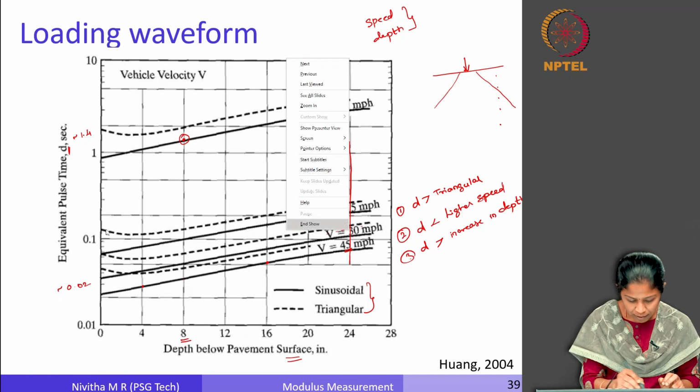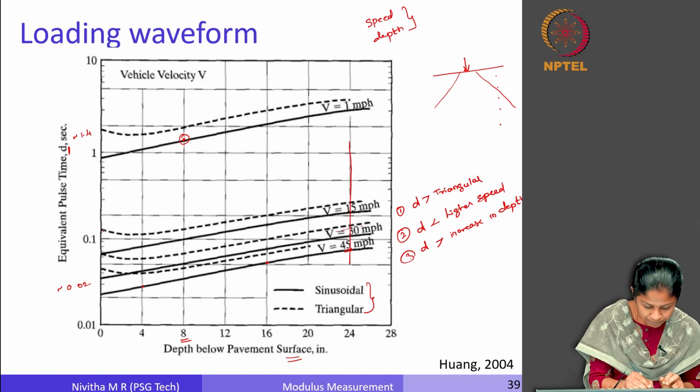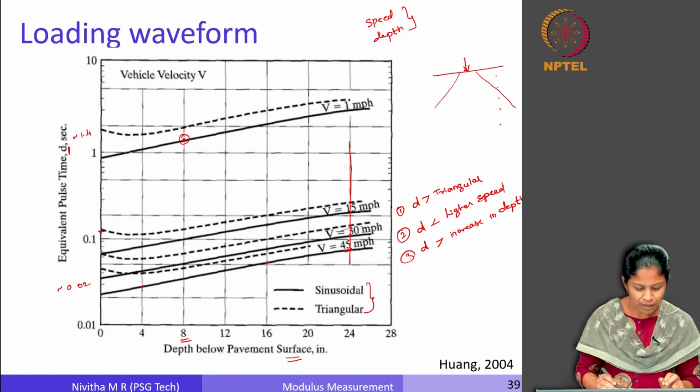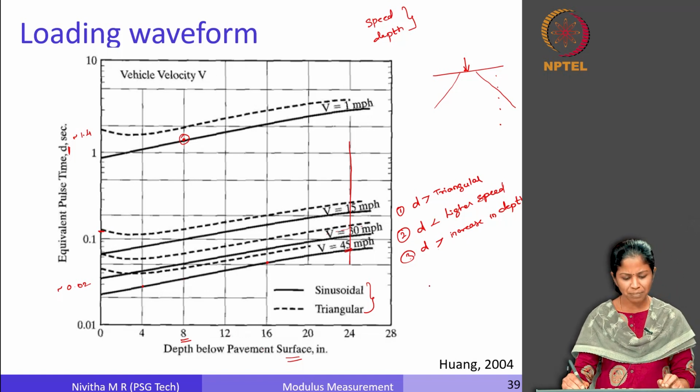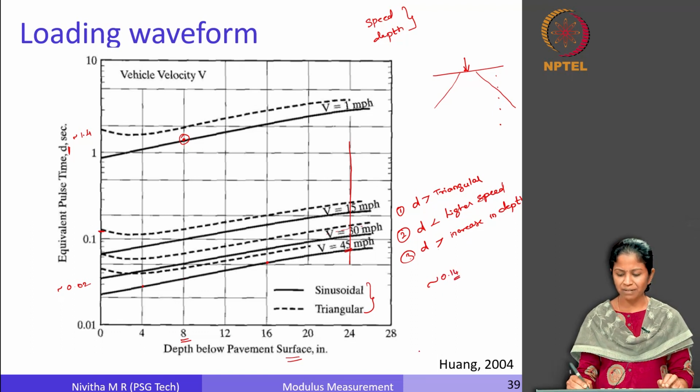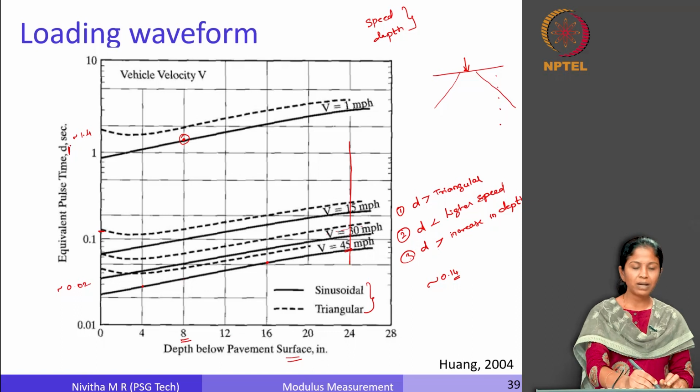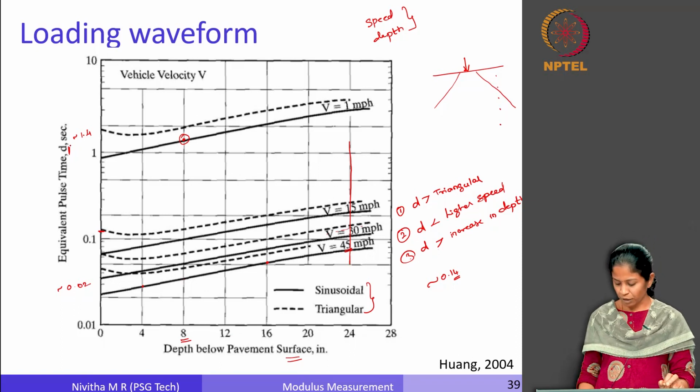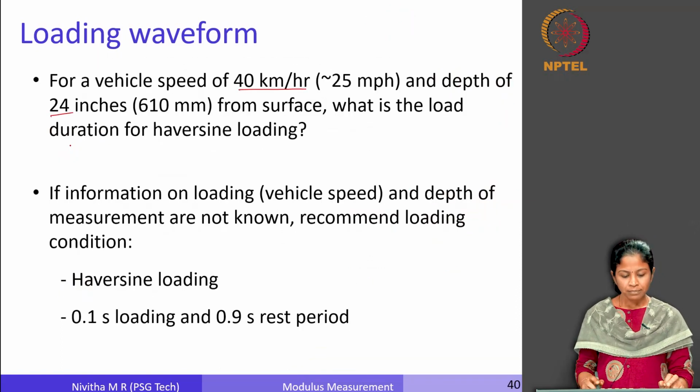So, take here, it will be close to 0.1. Let me simply approximate it as 0.14 or kind of a second decimal variation. So, let me approximate it as 0.1 seconds, right. This is how we determine the equivalent pulse time D that we will be using for the resilient modulus test.